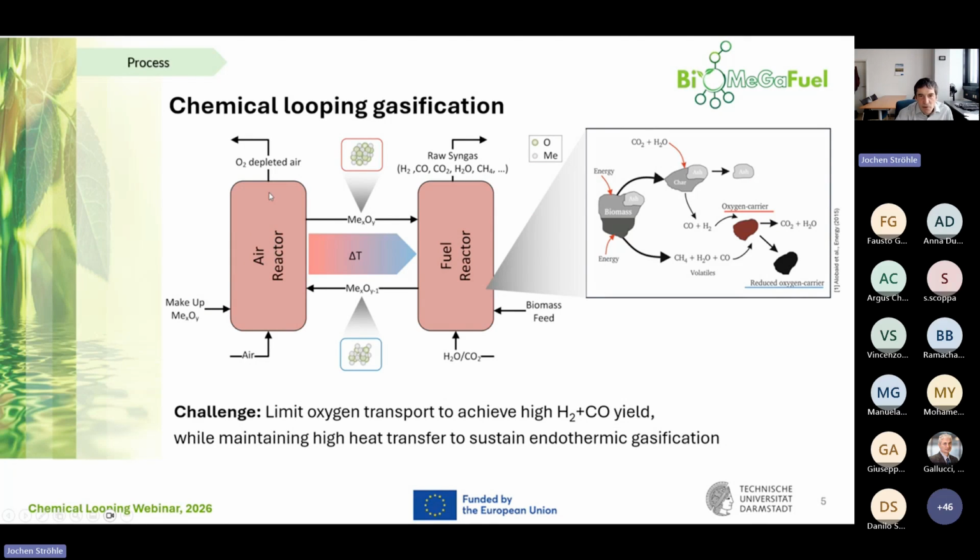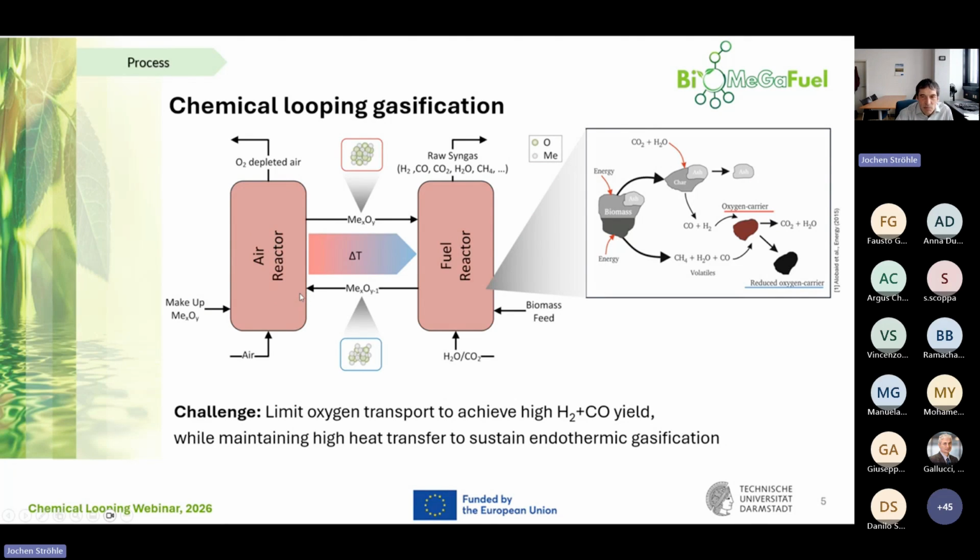Typically, this reactor system is operated as two circulating fluidized bed reactors. And here we have another challenge. If we reduce the air into the air reactor, then we are also reducing the overall velocity in the air reactor, which means fewer particles are entrained at the top of the reactor and can then be transferred to the fuel reactor.